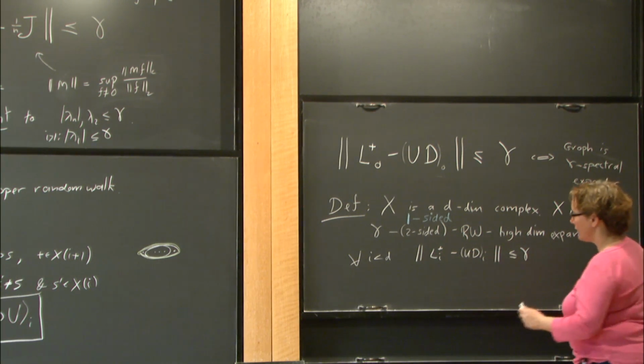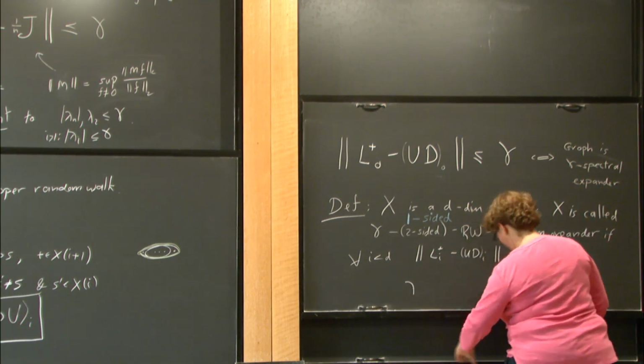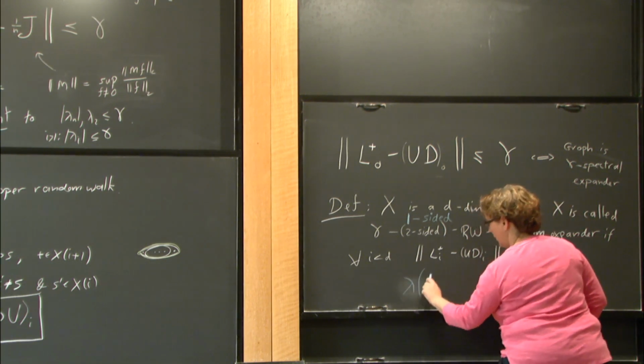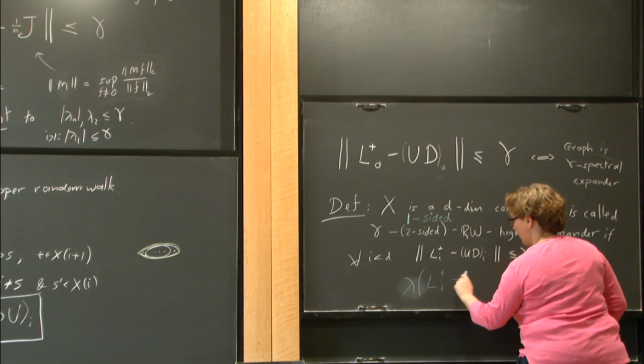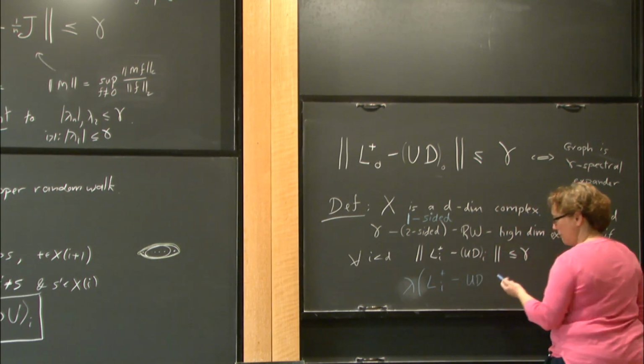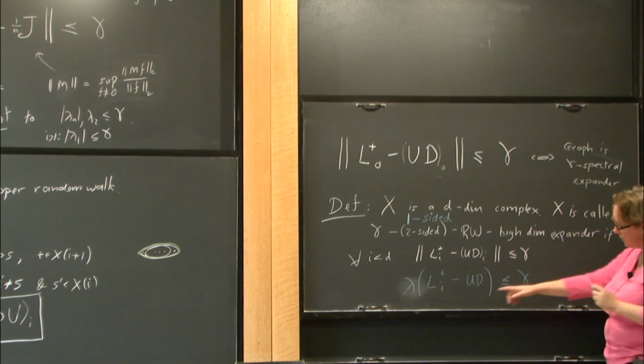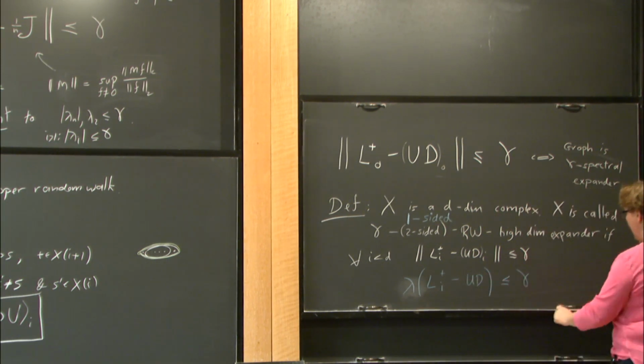The one-sided will just say that lambda, maybe I used the blue, lambda of this operator, L_i plus minus U_D, can you see the blue? Okay, is less than the same gamma. And what do I mean by this? So let's just define it here.